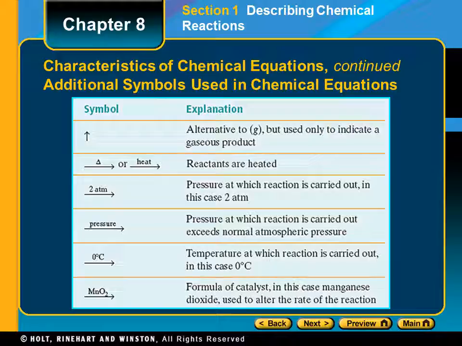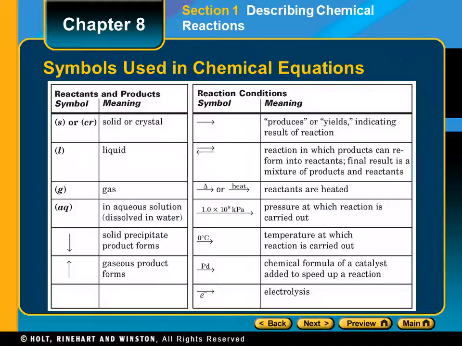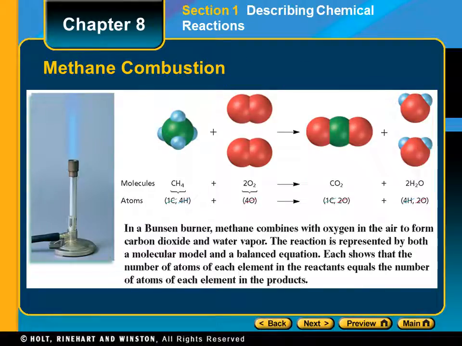We can show pressure, temperature, even catalysts by showing the formula. Lots of other symbols. You're just going to need to go through and make sure that you memorize all these symbols so that you know what they mean. This just shows you diagrammatically what happens in burning methane in a Bunsen burner with oxygen.